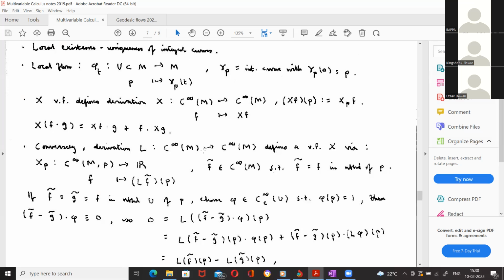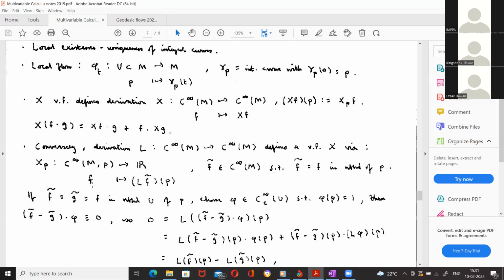So that means it's a linear map which satisfies the Leibniz rule. Then I can define a vector field X on M as follows. I have to define for each point p a tangent vector at p, right? So X_p is going to be a linear map from the ring of germs C infinity(M)_p to R.